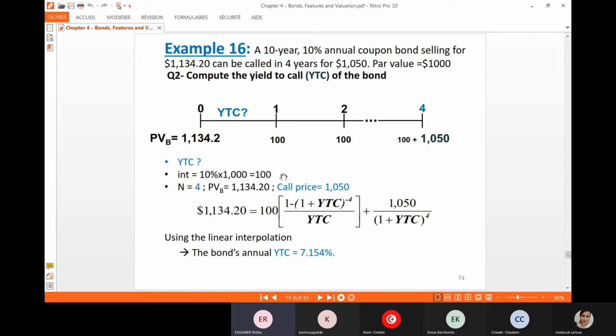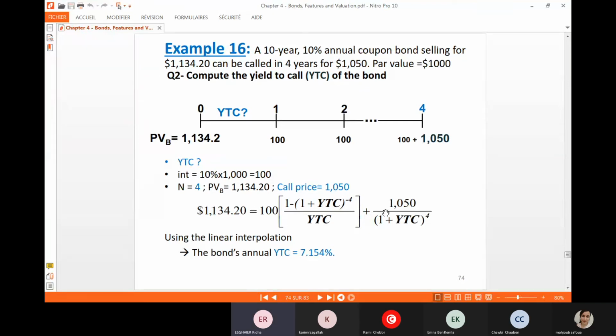In this case, you will receive 100 1 year from now, 100 2 years from now, another 100 3 years from now, and at the call date, which is 4 years from now, you will receive your last interest plus the call price of the bond, 1,050 instead of 1,000 the par value. You paid initially 1,134.2, and you receive this in the future. What will be your annual rate of return, your IRR, if you want?